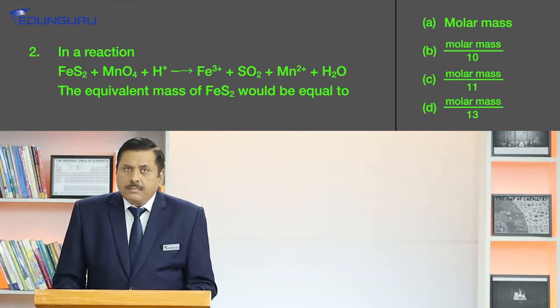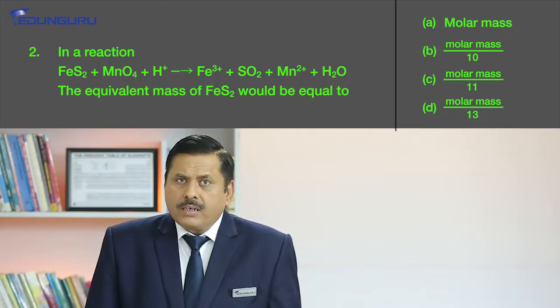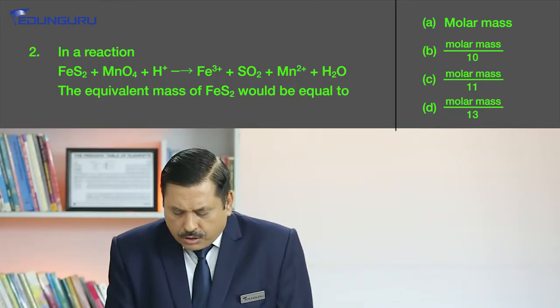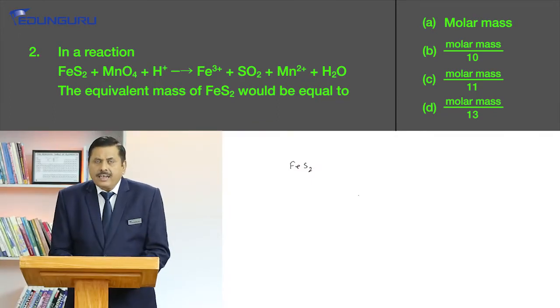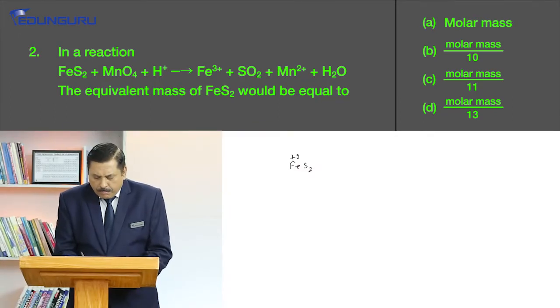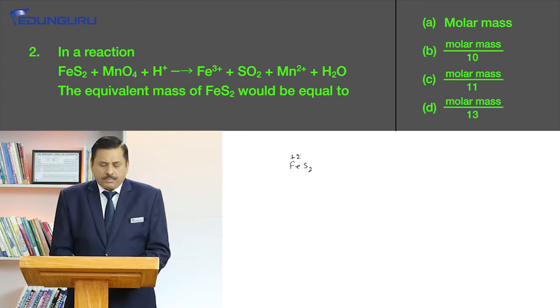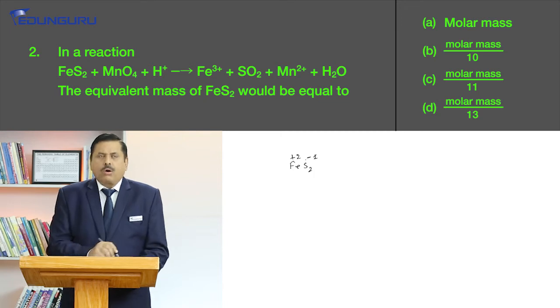In this question, MnO4 minus is the oxidizing agent and it is oxidizing FeS2. Now you need to understand, in FeS2, iron is in +2 oxidation state and sulfur is in -1 oxidation state.